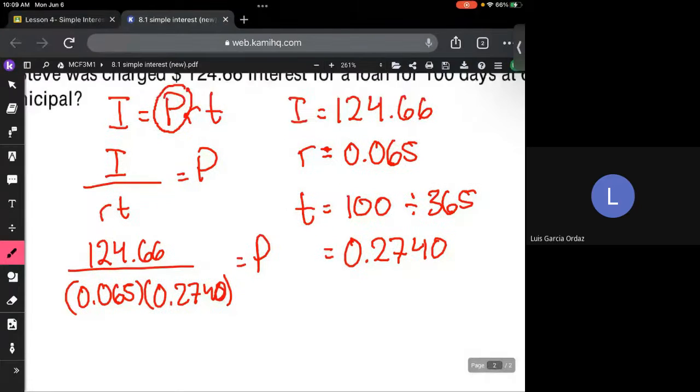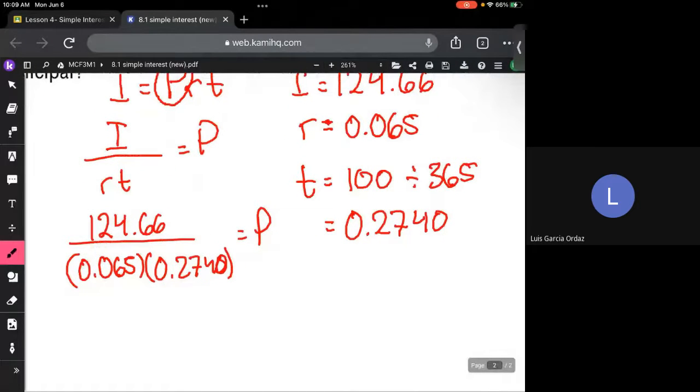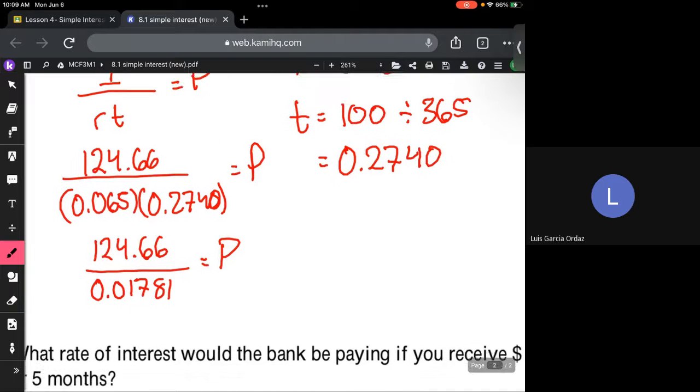Wait, we're finding P, right? Yeah. So what do you get when you multiply your denominators together? Perfect. And now what's left to do is divide the numerator by the denominator and give me your answer to 2 decimal places because we're dealing with money.